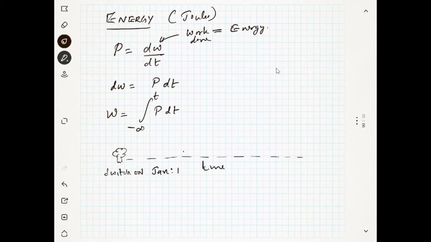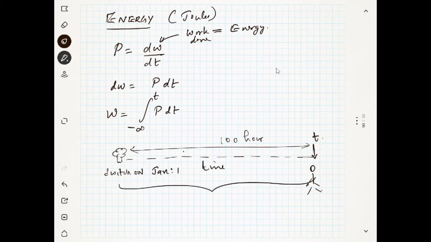You came here and see the bulb at time t, maybe after some 100 hours. Then you have to integrate from this time up to this time t. So you have to integrate throughout this portion. That's the meaning. So you will ideally take from minus infinity to the time that you are looking at. Is it clear?